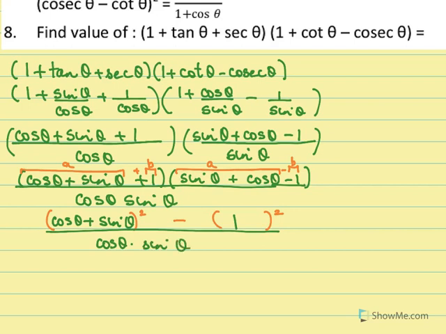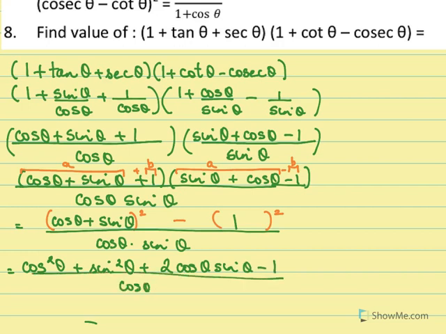So in the first bracket, A square minus B square, which is (cos theta plus sine theta) the whole square minus 1, over cos theta sine theta. Now again here we have A square, plus cos square plus sine square, and you know cos square plus sine square is 1.